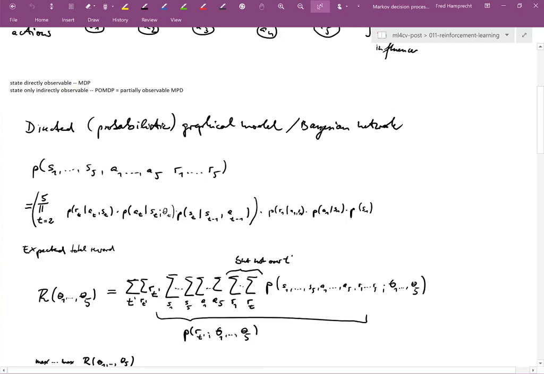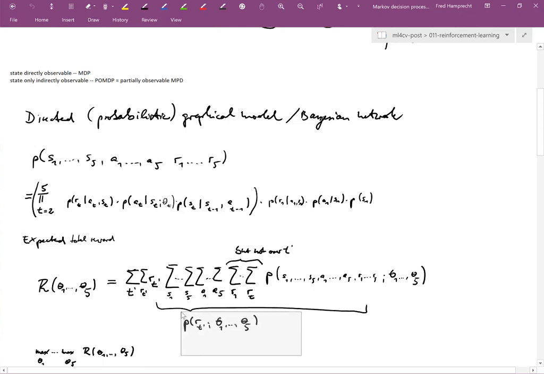So it's essentially a weighted summation. We consider the possible rewards and we multiply them with the probability that each of these rewards will be incurred.